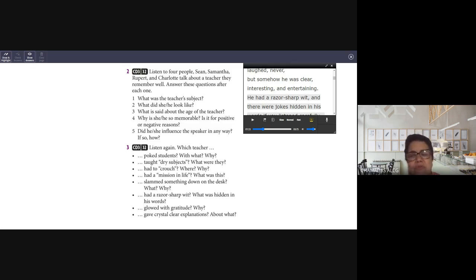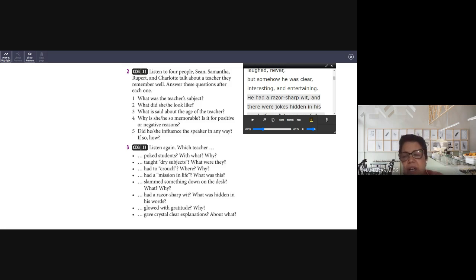Do you know the meaning of razor? A razor is what we use. Yes, a razor is what we use to shave. If you have a beard, you have to shave every now and then. You have to shave your beard to keep it trimmed, right?